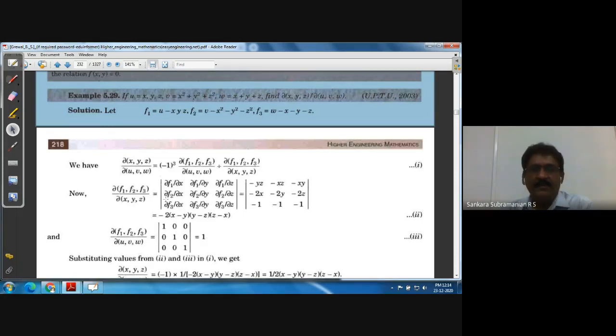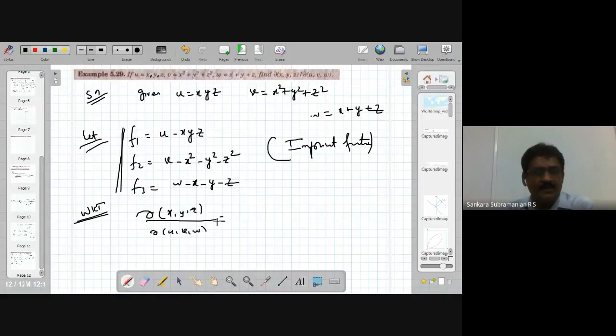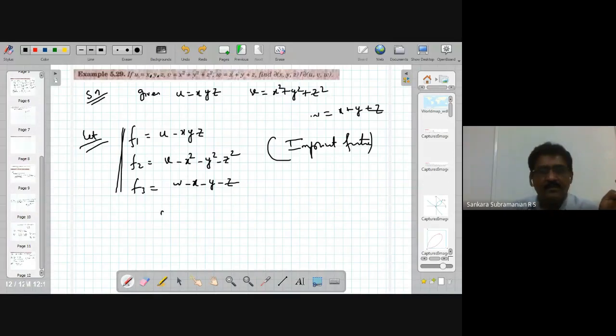When we do that, I need dou f1 by dou x. The formula is here, so this is not needed. What do you get for dou f1 by dou x? The remaining terms are all constant.